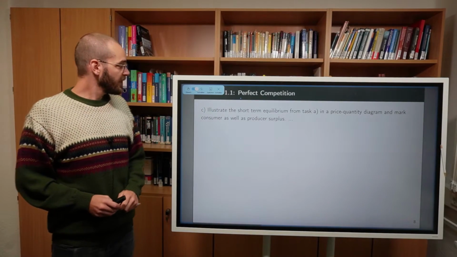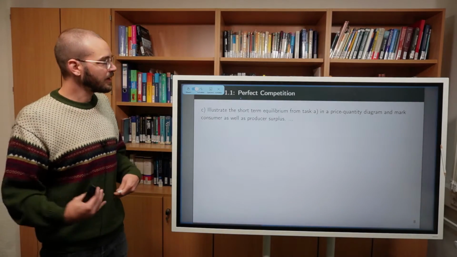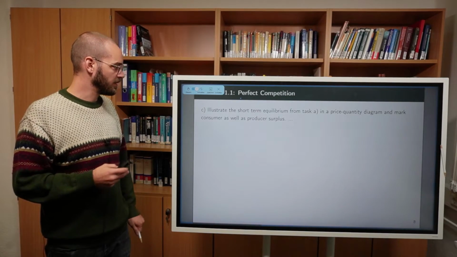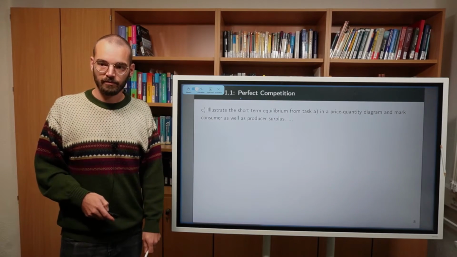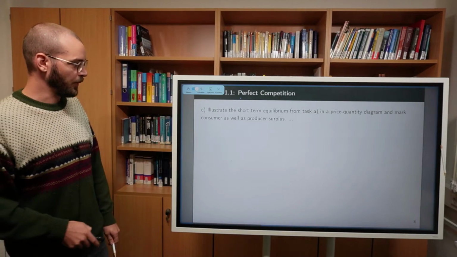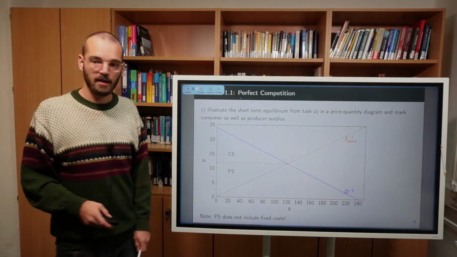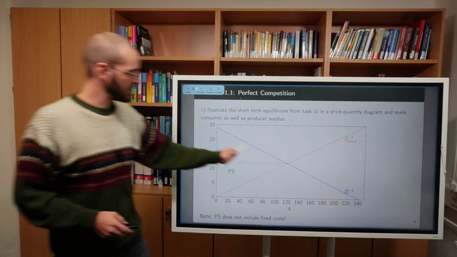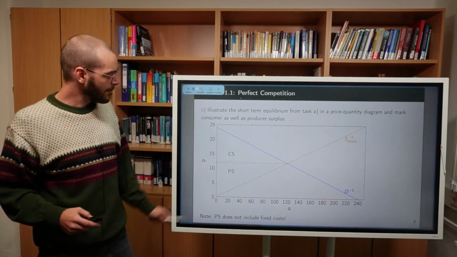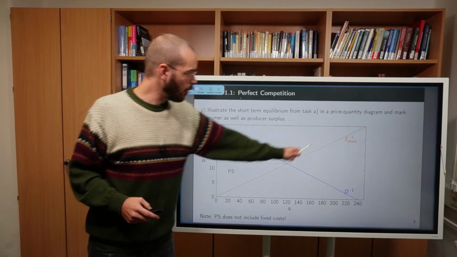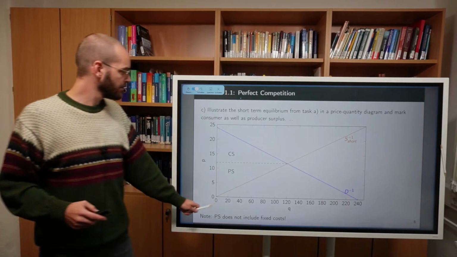Now in the next step, we are asked to illustrate the short-term equilibrium from task A in a price-quantity diagram and mark consumer as well as producer surplus. So if we were to draw a graph, it would look like this. We have the inverse demand function as this downward sloping blue line, and we have the positively sloped inverse supply function, right?